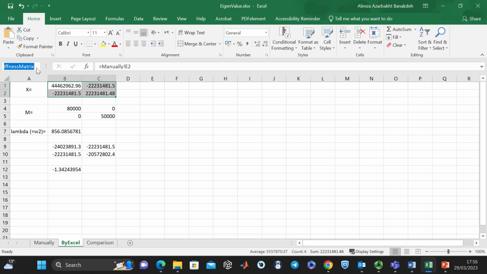Usually it shows something like I2 if I grab these 4 cells, but if I click here and write my own name, it becomes the name of these 4 cells. So I've done it and named it stiffness matrix. Here I put these values as my mass matrix, and I named it mass matrix.